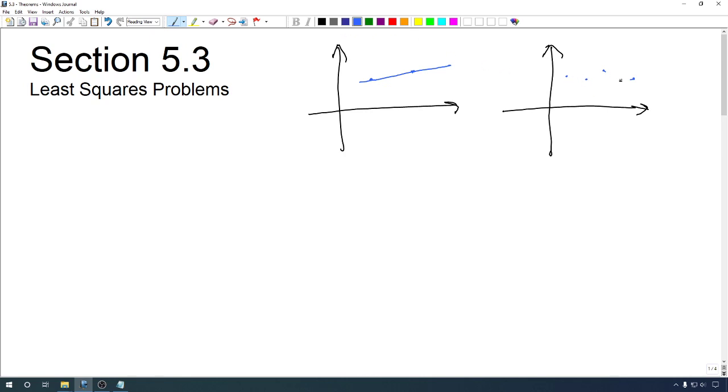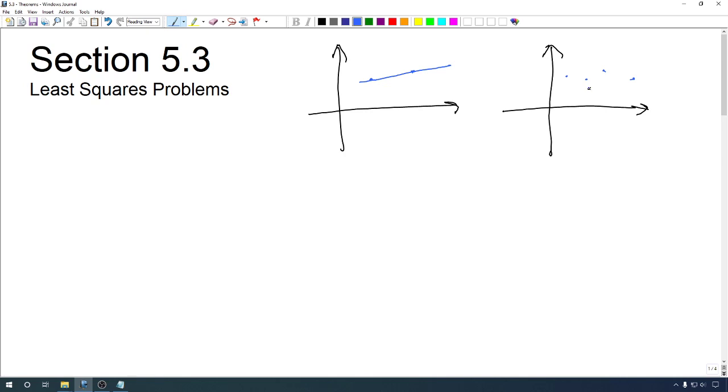It's highly unlikely that we're going to have a line that passes through every single point. If we try to connect those with lines, we're not going to get one line. In many real-world situations, this does not mean that the data does not have a linear relationship, but it might just be due to experimental error that the data doesn't quite exactly fit a line.